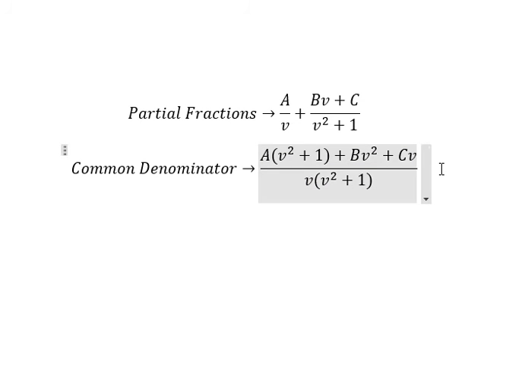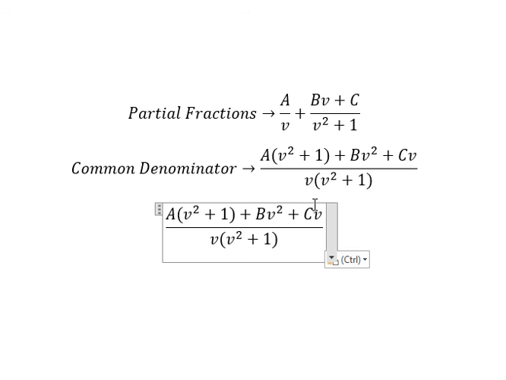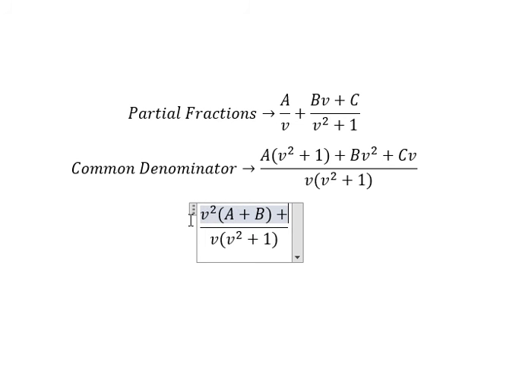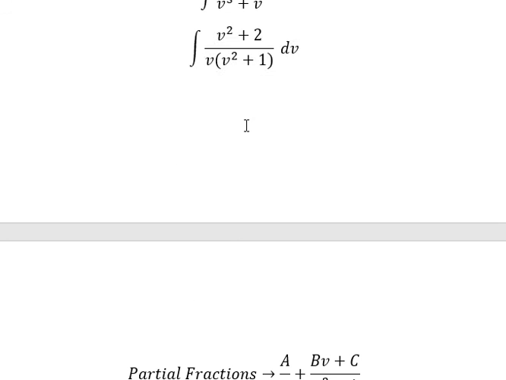Now we need to arrange based on the terms of v. Above v squared we have A plus B. Above v we have C v. Above nothing we have A. So we look carefully at this one.